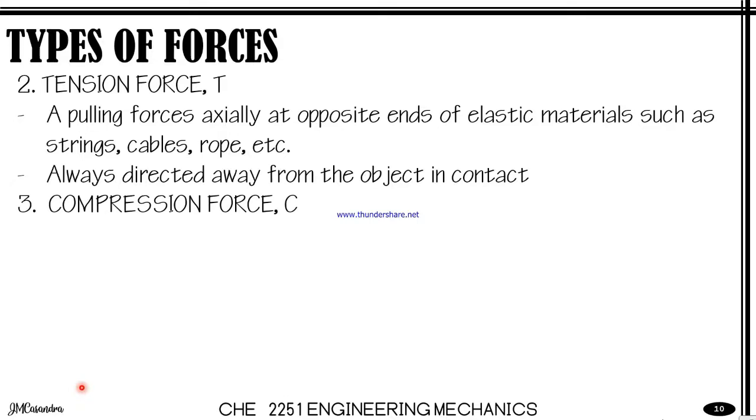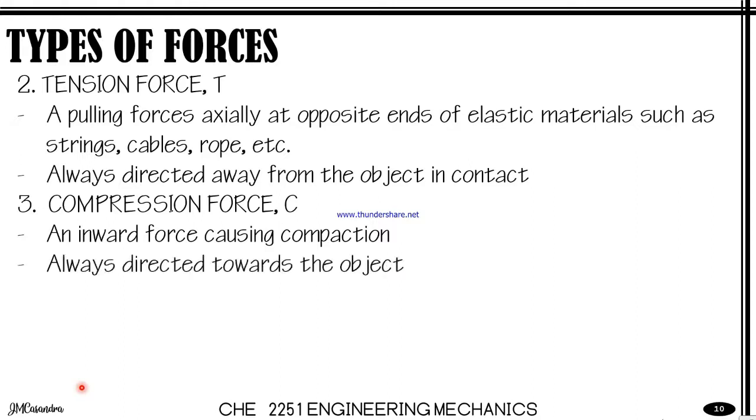For the compression force, C, or compressive force, this is an inward force that would cause compaction or compression of the object. Since it's an inward force, its direction will always be towards the object. So for tension, it's away from the object.